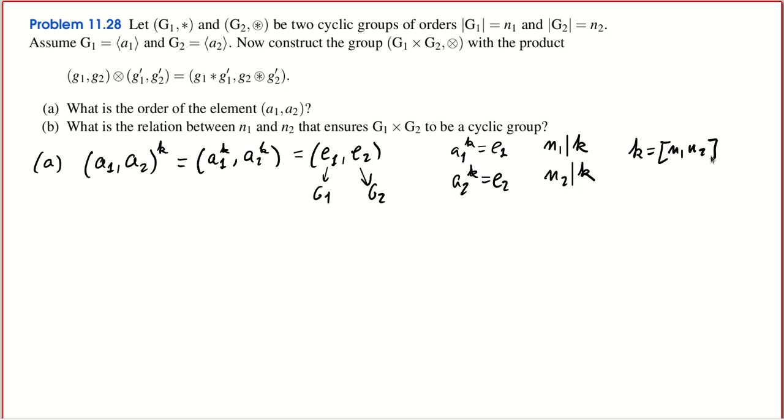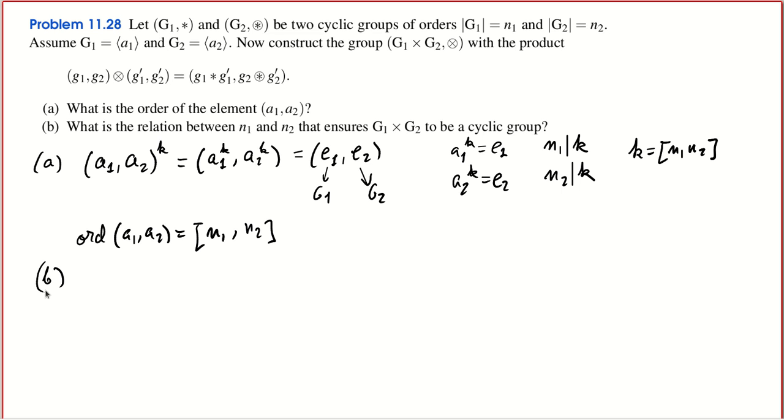So that's the answer to the first question. The order of this element, ord of (A1, A2), is the least common multiple of N1 and N2. Now the second question.